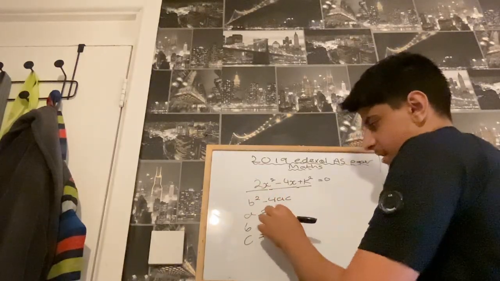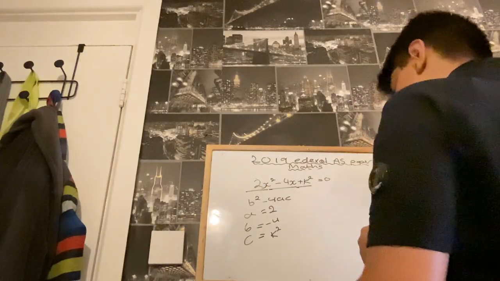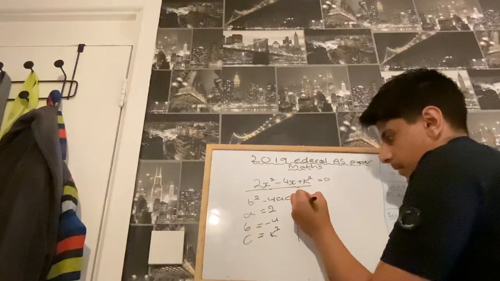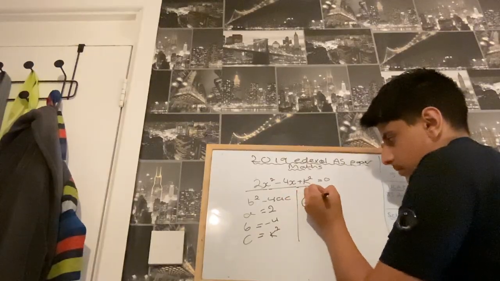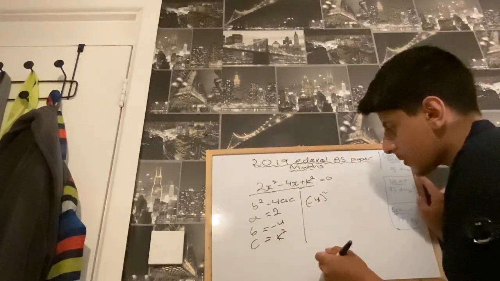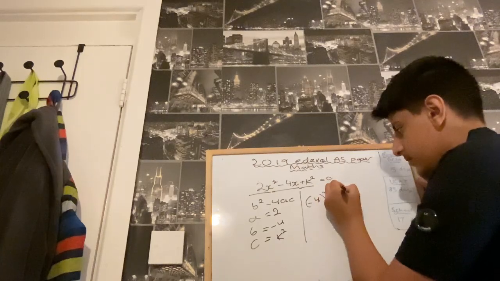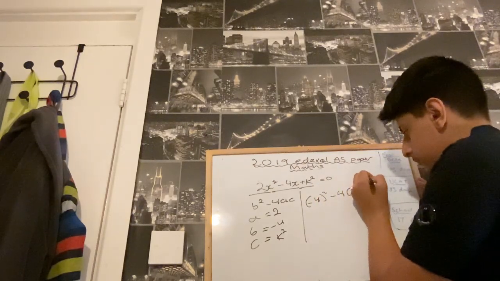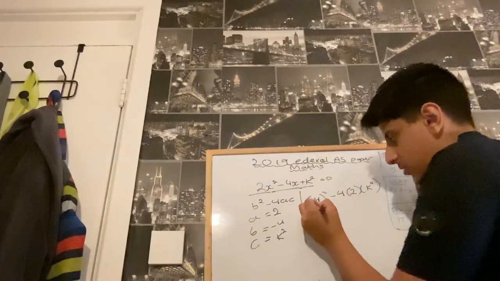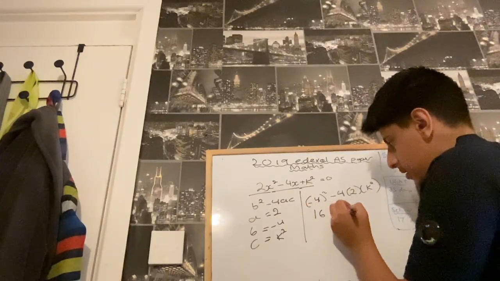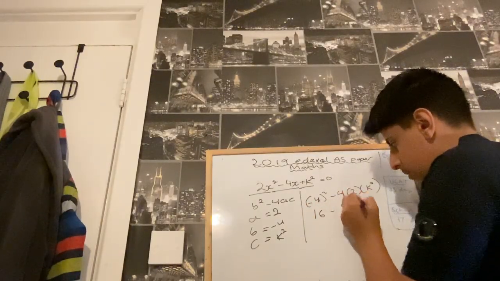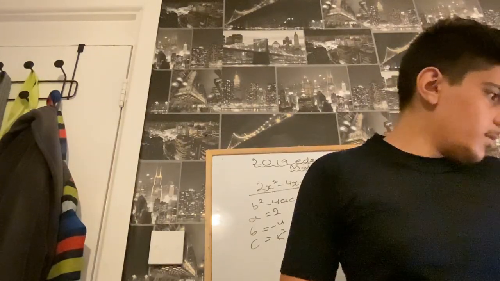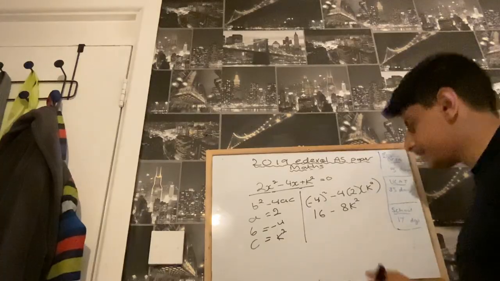Now we've organized each section, substituting it into the equation. So that would be minus 4 squared, minus 4ac, so it'll be 16 minus 8k squared, and that would be equal to 0.